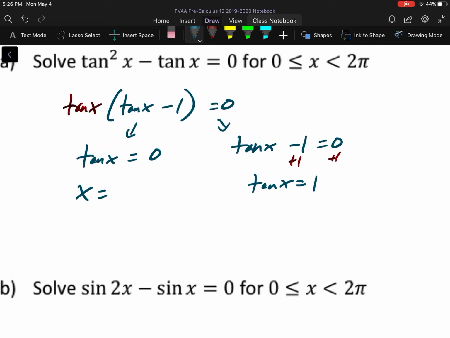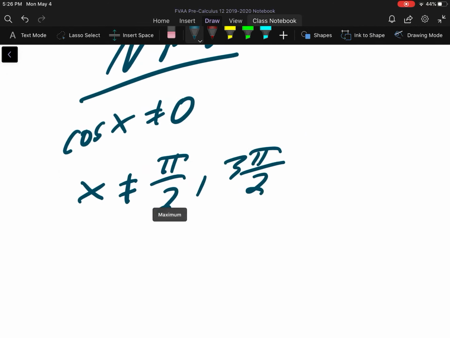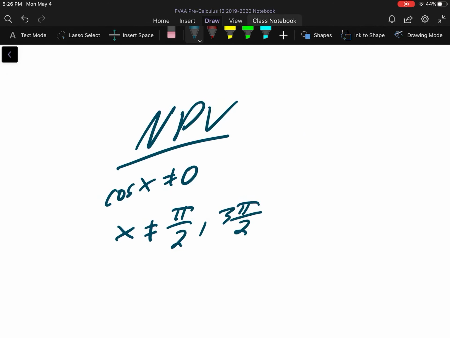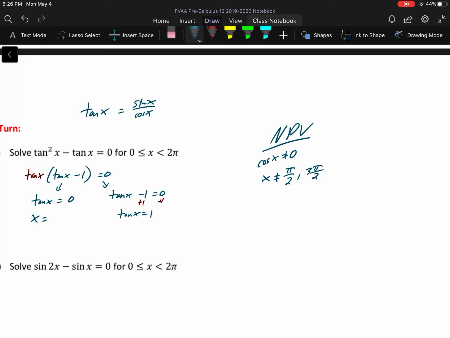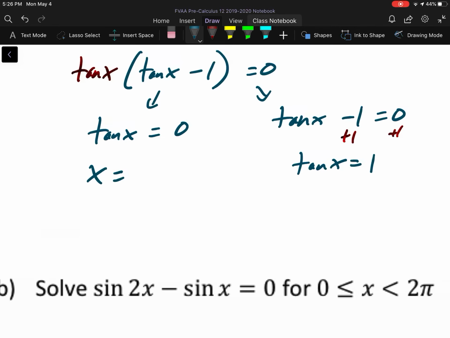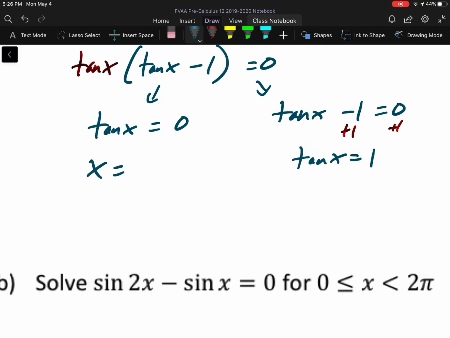But if your x is 0, then it's undefined. That's also given to us in our non-permissible values. So here, 2 values for radians is 0 radian and pi. Those are 2 places on the unit circle where tan is equal to 0.